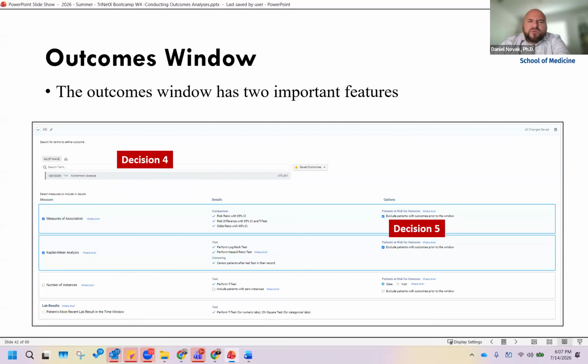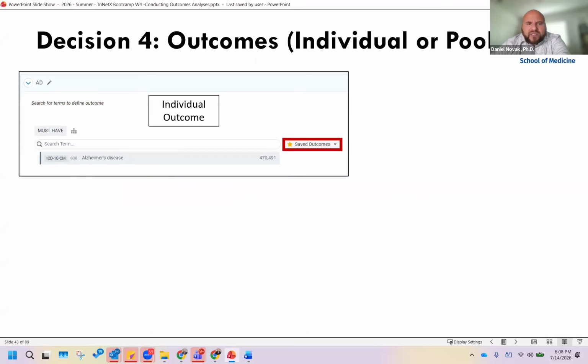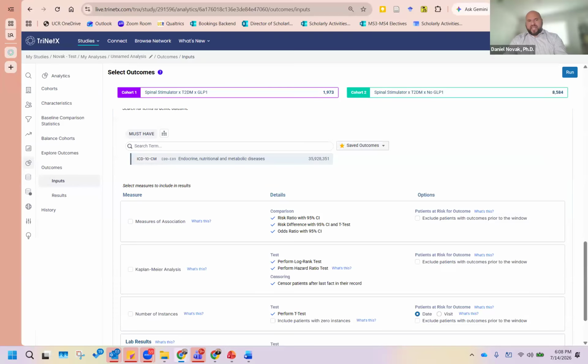This presents you with two important decisions when you're using this box. Decision 4 is your outcomes themselves. When you are working on this, you can add more than one outcome, and TriNetX will pool those people. So, for example, endocrine diseases, but we could also add stroke, right?